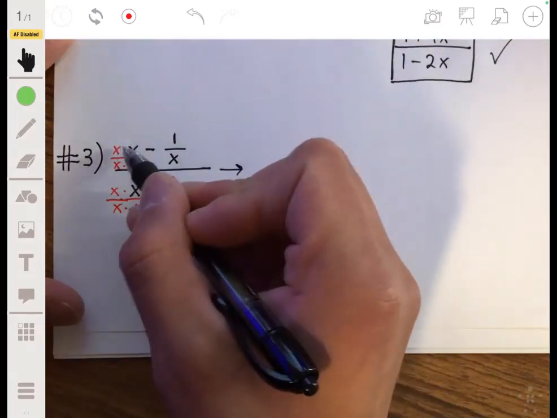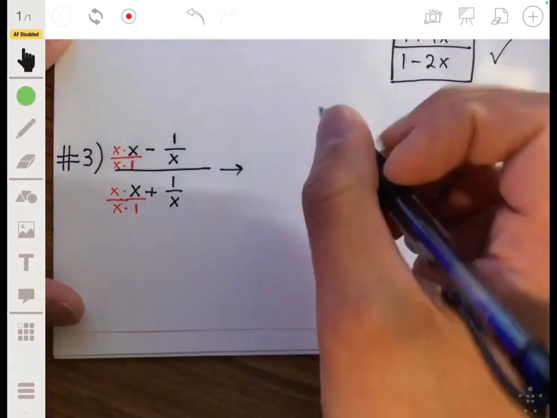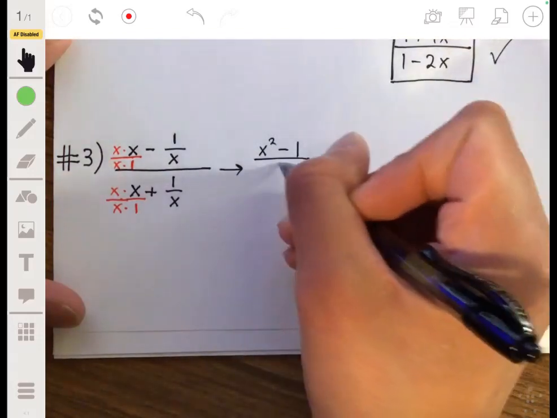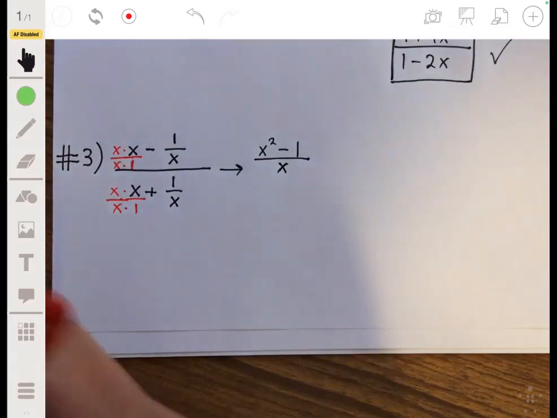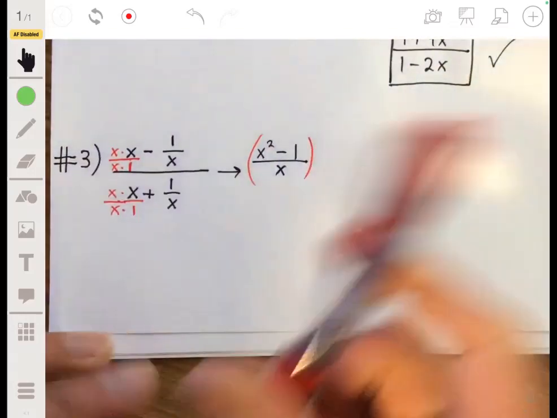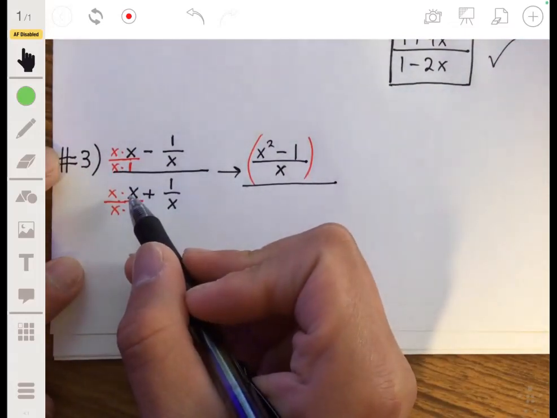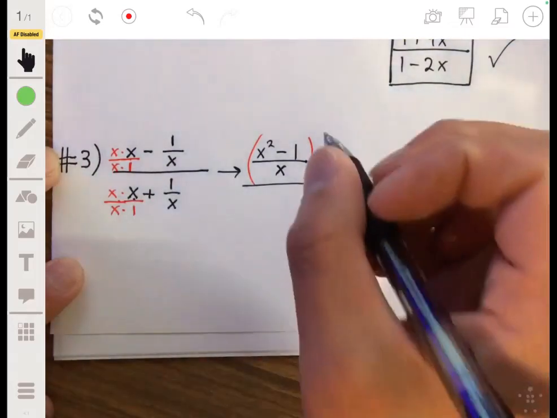And what you get is x squared minus 1 all over x. And then here we have x squared plus 1 all over x.